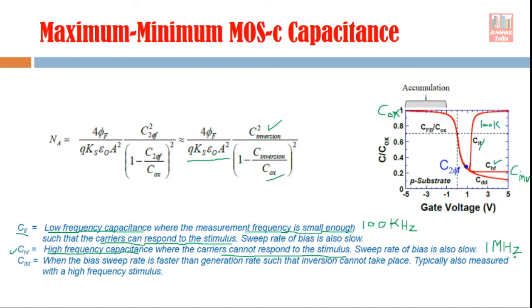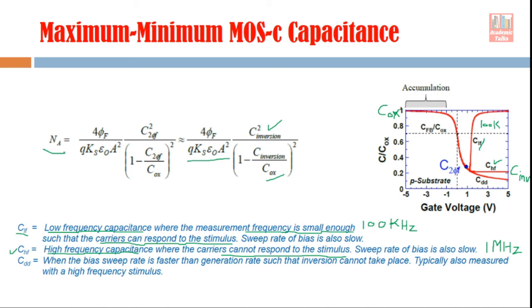But today I was repeating all these things so that the concepts become fresh in your mind, and you can apply them to get a clear understanding of the maximum and minimum capacitance values, and how we can use these values to find out the carrier concentration. But for those who understand the capacitive behavior of MOS devices very well, there is not much new information in this lecture.